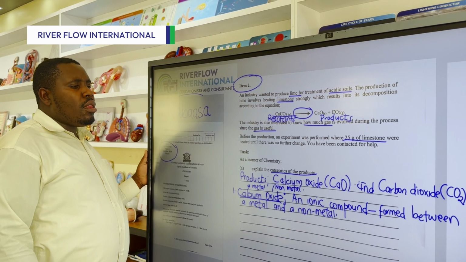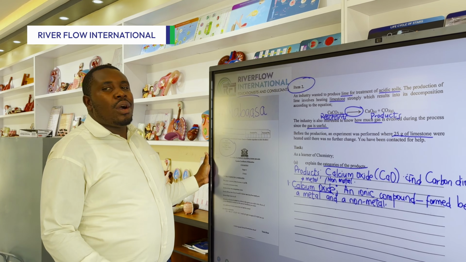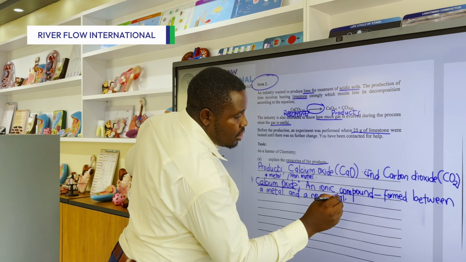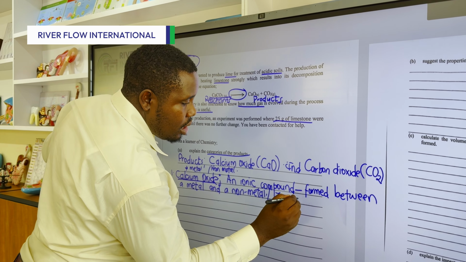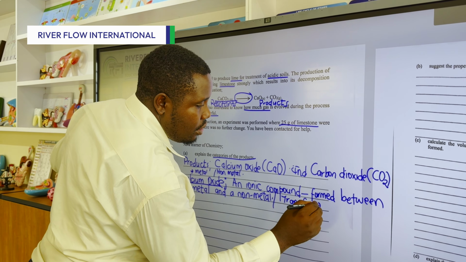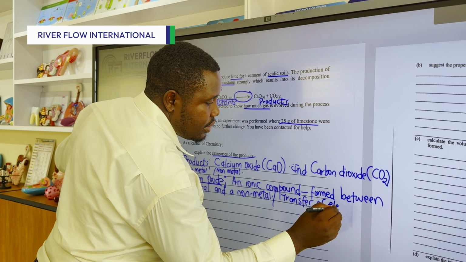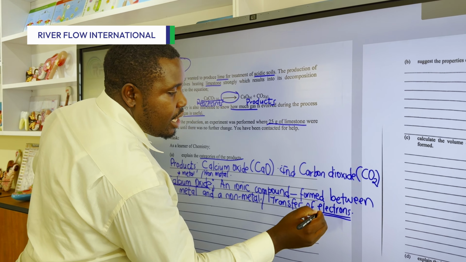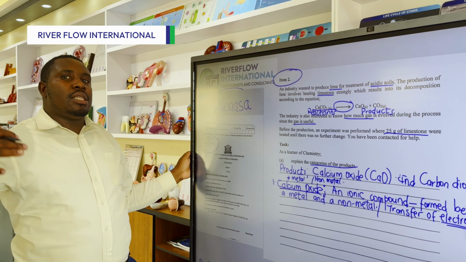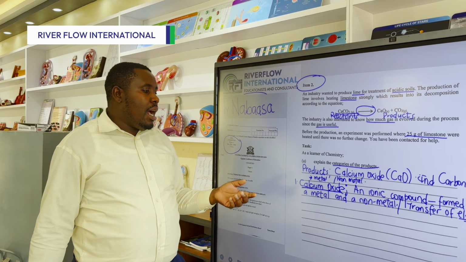Usually, you can also say it is formed by the transfer of electrons, more especially the valence electrons, the electrons in the outermost shell of an atom.